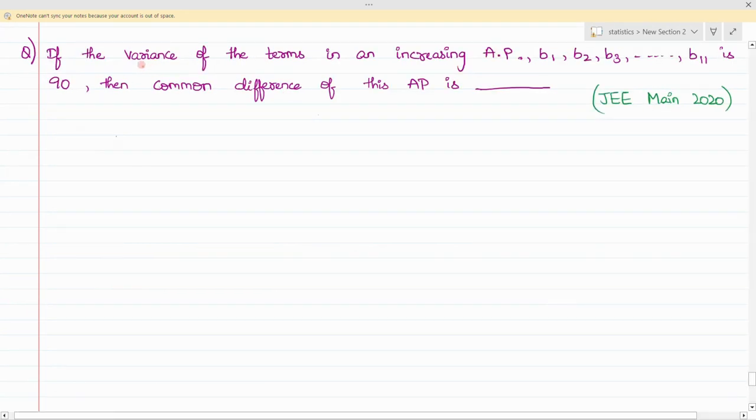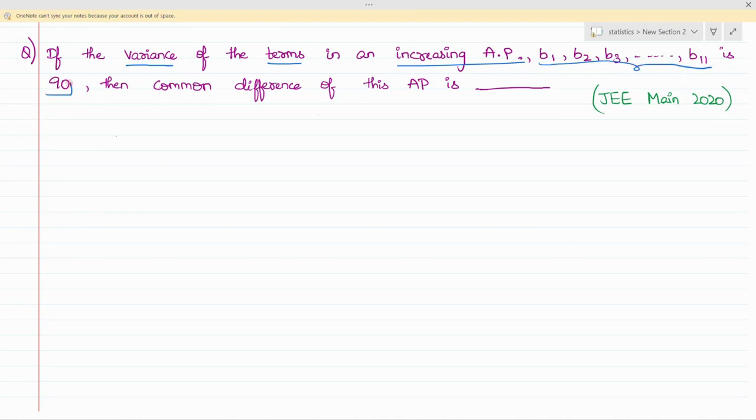In this question, it is told if the variance of the terms in an increasing AP, that is this, is given to you 90, and we need to find the common difference of this AP. So this question came in JEE Main 2020.